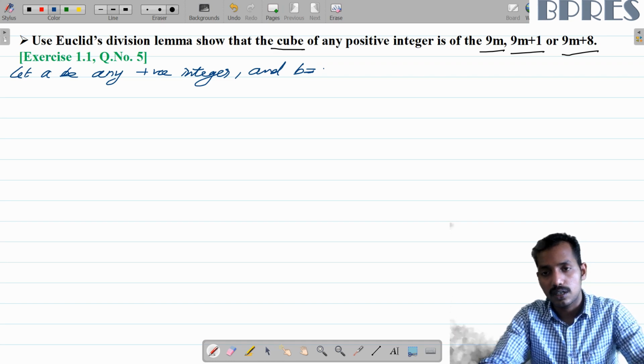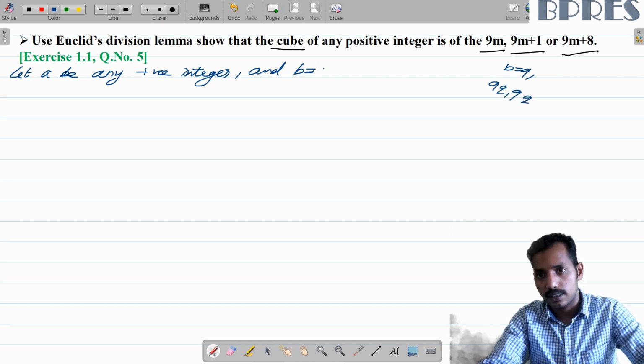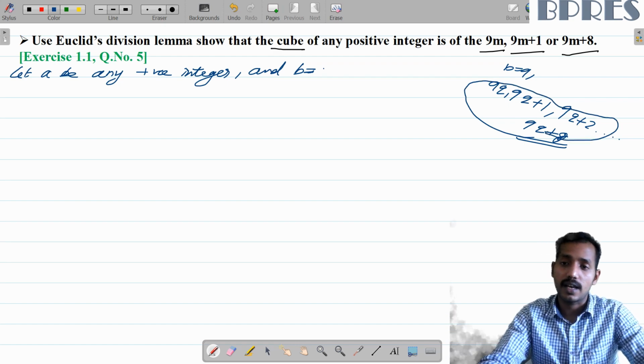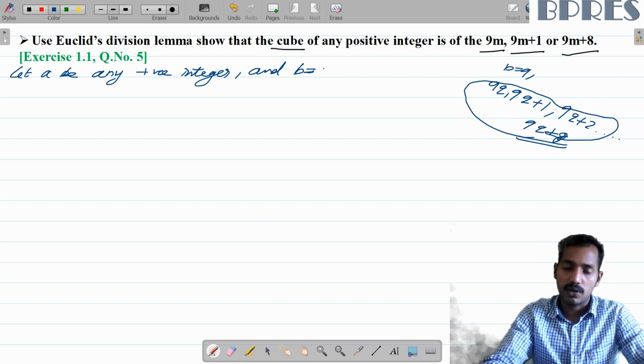But the problem is that if you take b equal to 9, then you will be having numbers like 9 cube, 9 cube plus 1, 9 cube plus 2, etc., up to 9 cube plus 8. So we have to find the cube of all these 9 numbers. So it will be quite long.